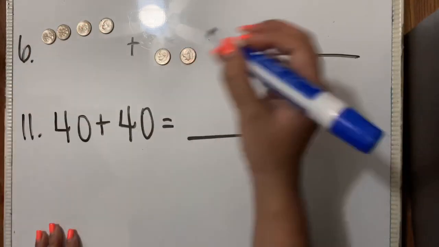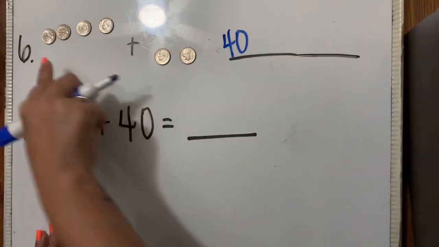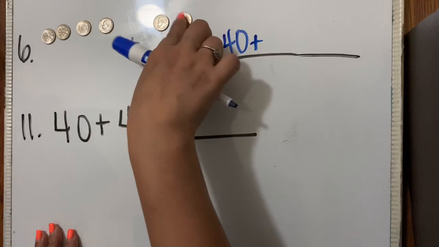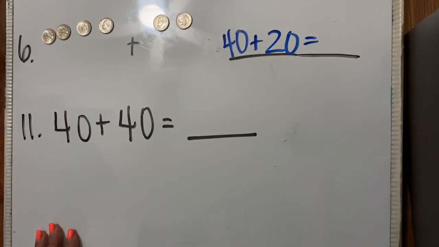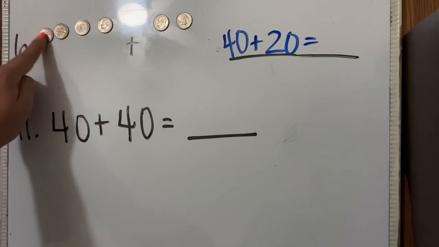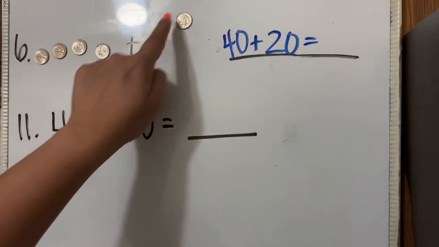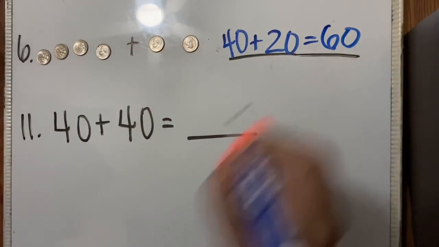I'll use a different color. So I have 40. I have 40 here plus 10, 20. So 40 plus 20 equals, and now I get to do the total. Let's count all of them all together. 10, 20, 30, 40, 50, 60. So 40 plus 20 equals 60.